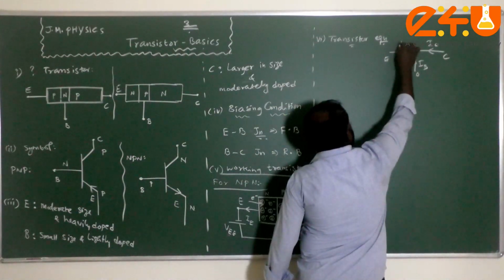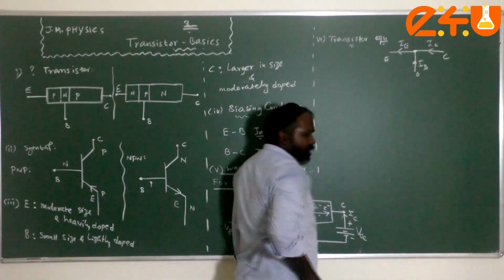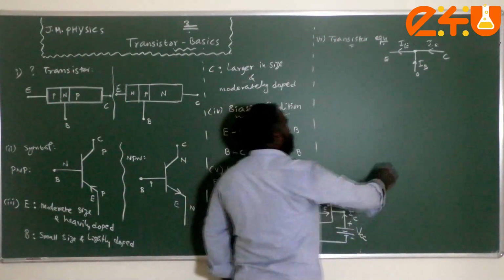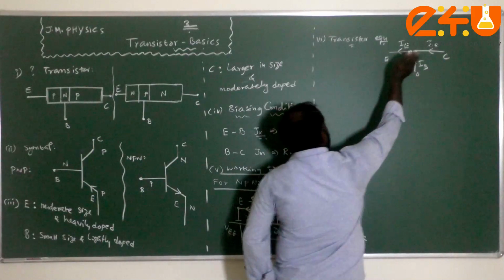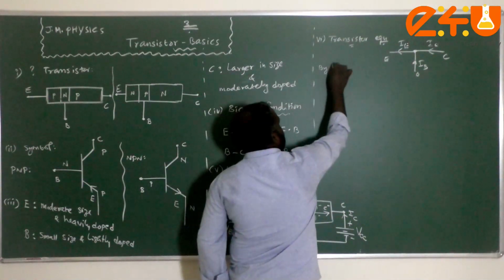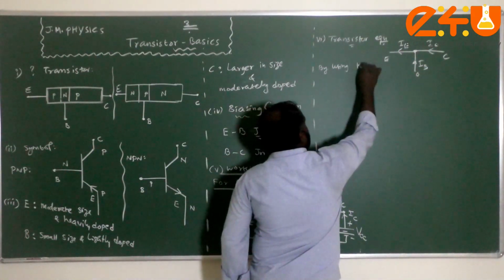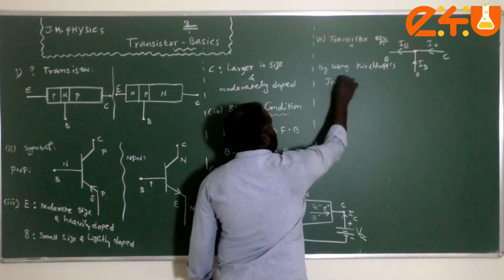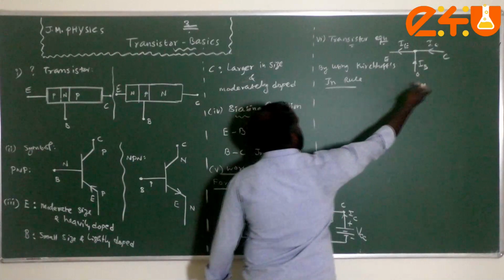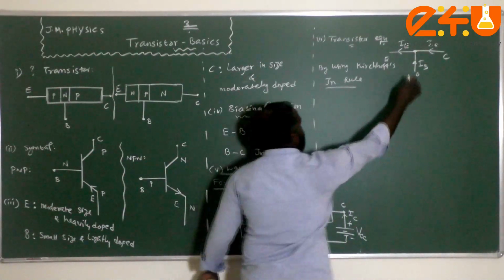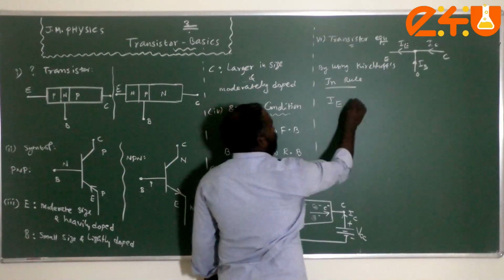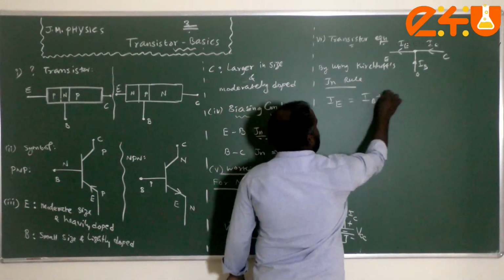Now please apply Kirchhoff's junction rule, the first rule: the sum of the currents in is equal to the sum of the currents out at the junction. Therefore, the current going out is IE, which equals the sum of the currents inward, IE = IB + IC.